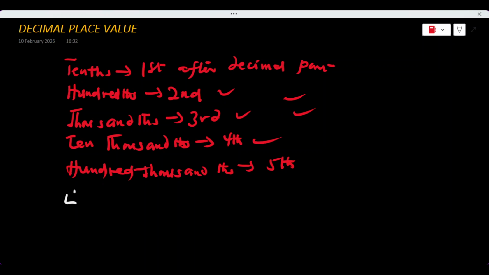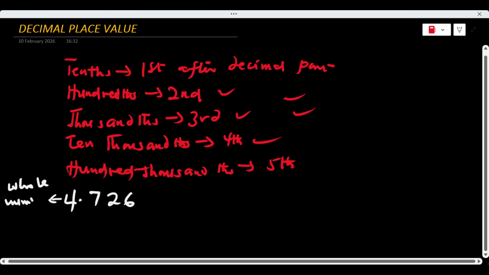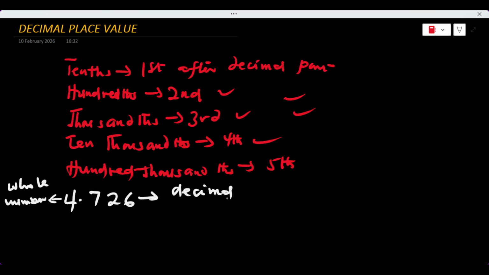Looking at 4.726, we have 4 at the whole number part. So this gives us the two parts of a decimal fraction: the whole number part and the decimal part. For the whole number part, we have the ones, the tens, the hundreds, the thousands, ten thousands in that order, before the decimal point.